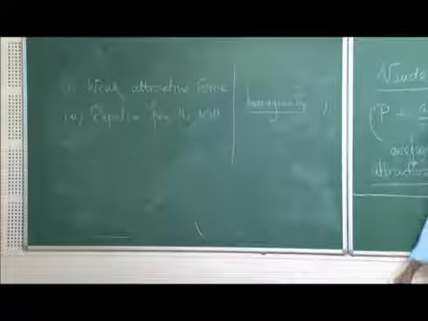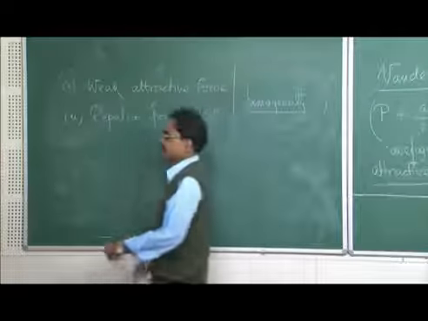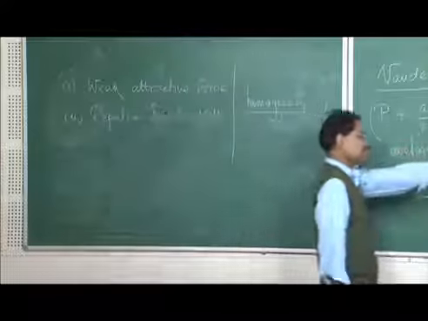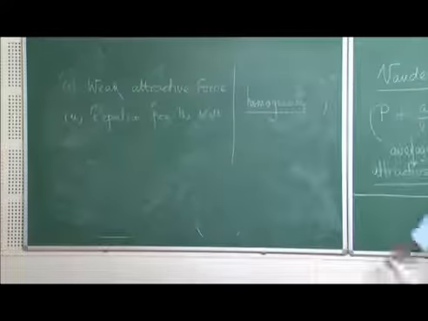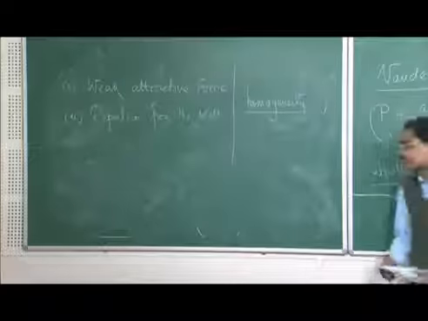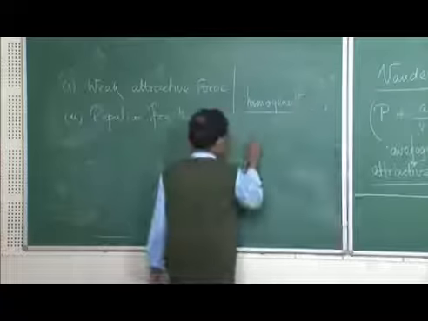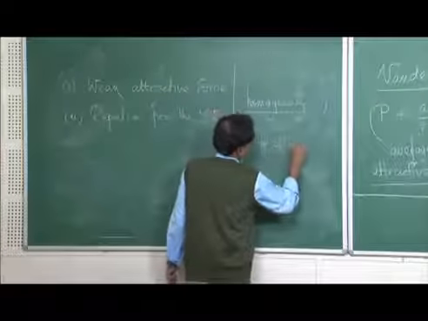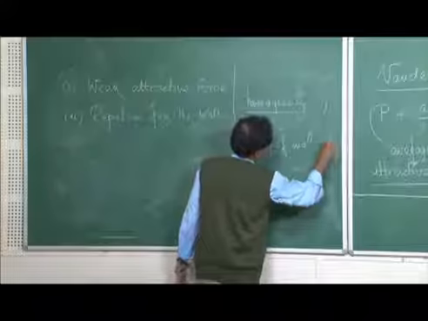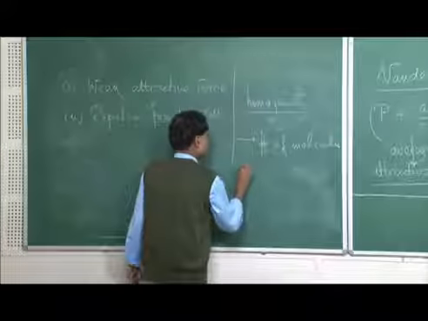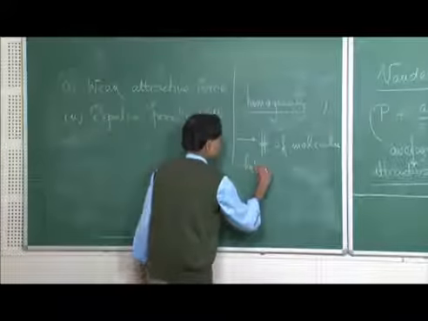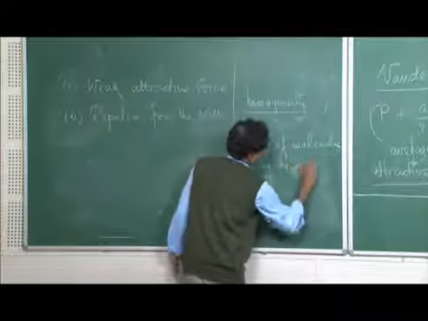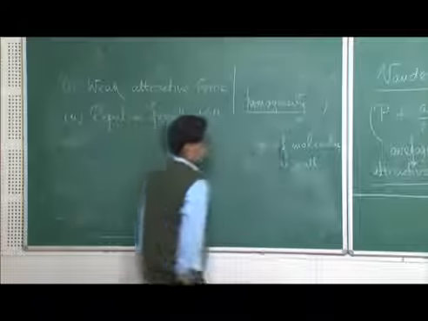You can say at any instant of time, the number of molecules that hit the wall will be proportional to the density that we have already seen. So, first, the number of molecules at any instant hitting the wall will be proportional to the density n over V.